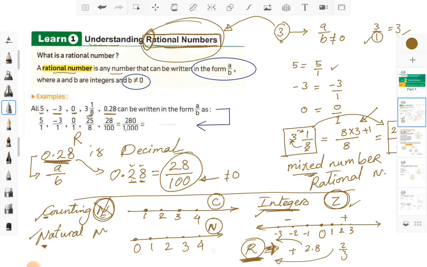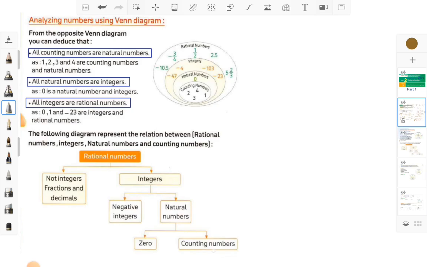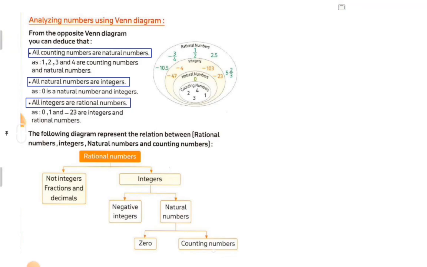Next, now let's analyze numbers using a Venn diagram. We know about Venn diagrams from before. Okay, note that all counting numbers are natural numbers. What does that mean?